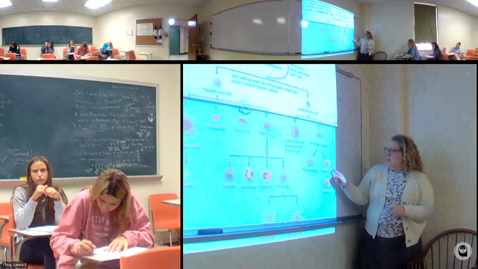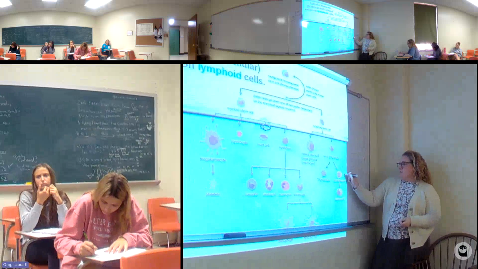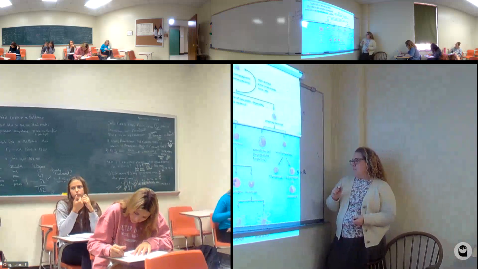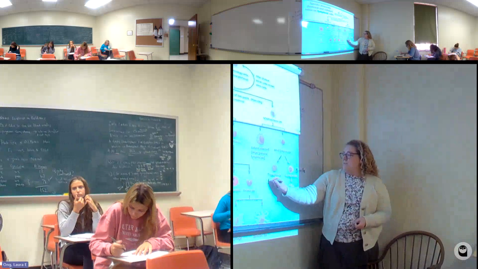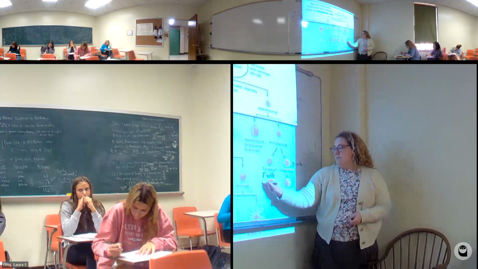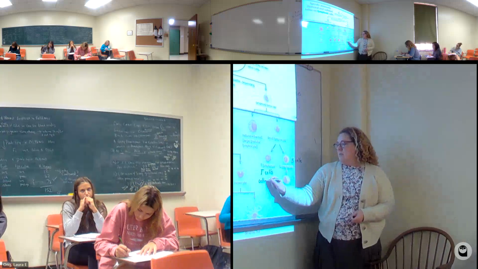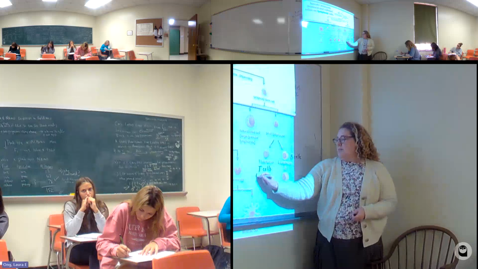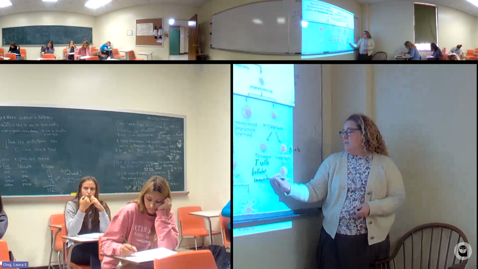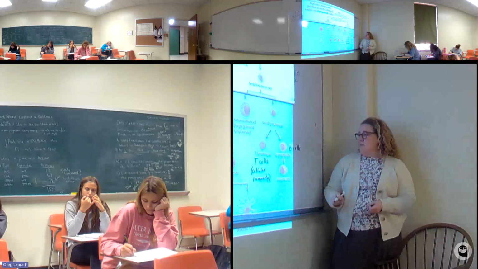So B lymphocytes are also known as B cells. T lymphocytes are also known as T cells. And they are going to give us the cellular style of immunity.